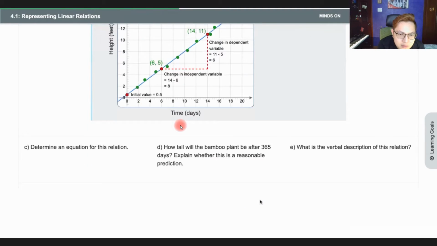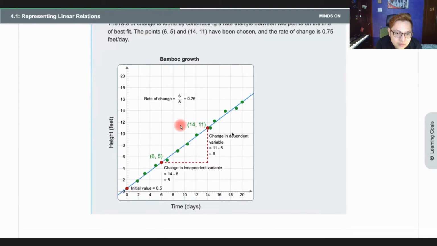Wait a moment, no, this is different. 5 to 11 is feet. So 6 feet in 8 days.